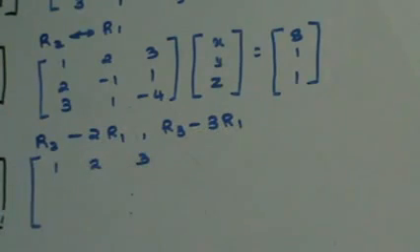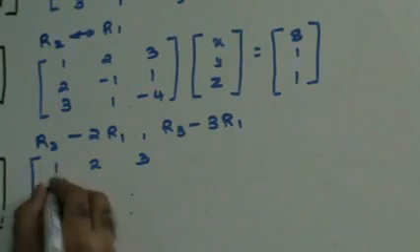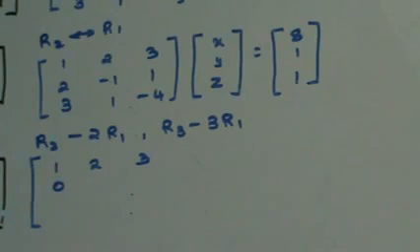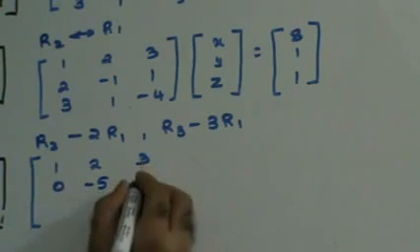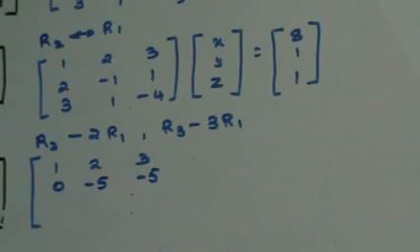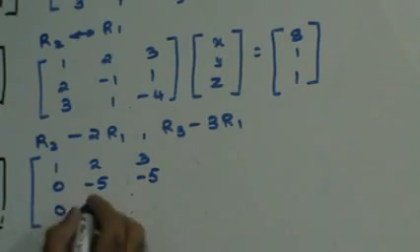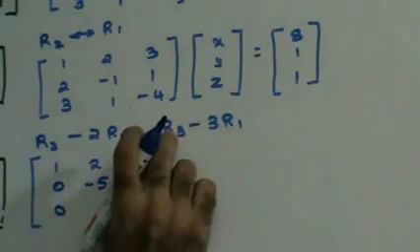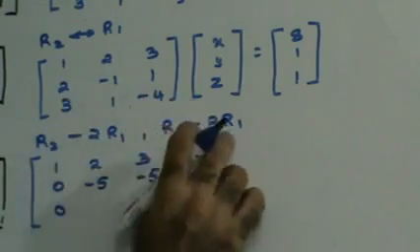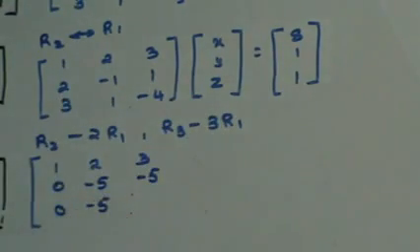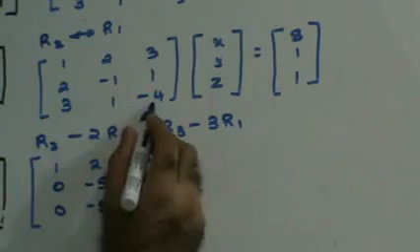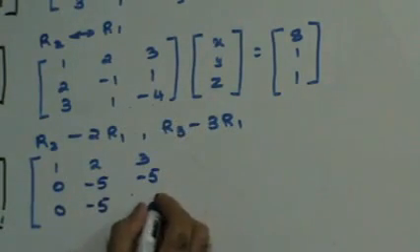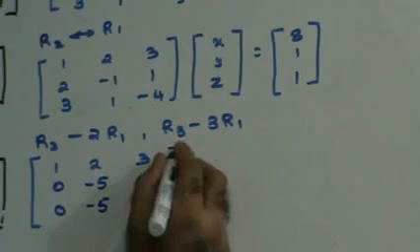1, 2, 3. R2 minus 2R1: 2 minus 2, 0; minus 1, minus 4, minus 5; 1, minus 6, minus 5. Next, 3 minus 3, 0; 1, minus 6; this is going to be 1 minus 6 minus 5, and this is minus 4 minus 9, minus 13.